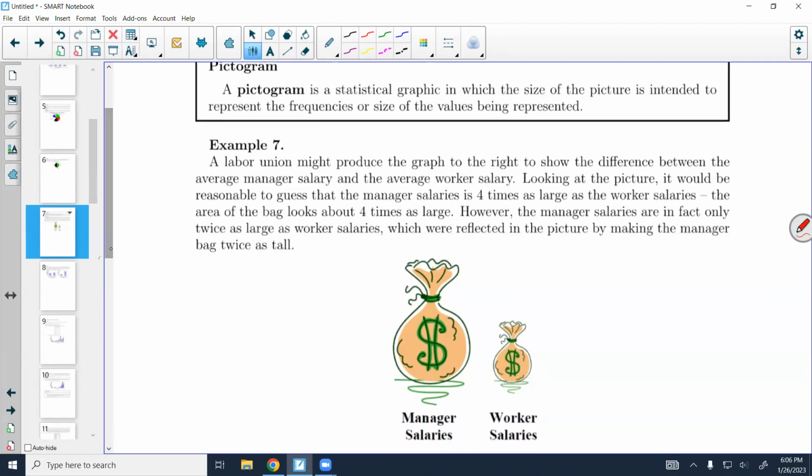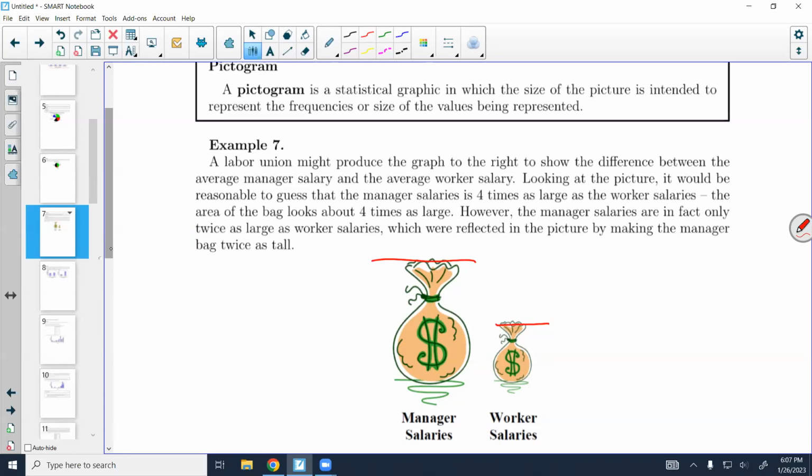So a labor union might produce the graph to the right to show the difference between average manager salary and average worker salary. Looking at the pictures, it would be reasonable to guess that the manager salary is 4 times larger than the worker salary. The area of the bag looks about 4 times as large. However, it's not about the area, it's about the height.